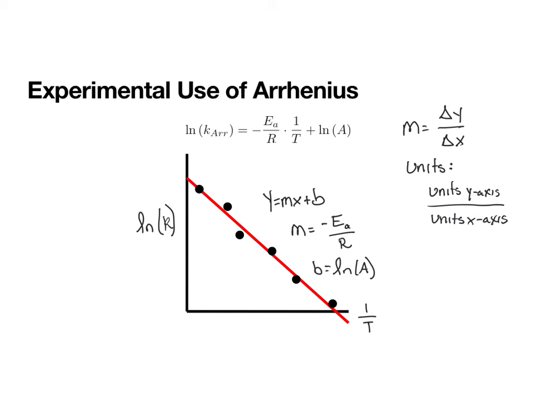And so in this case, for this graph, my slope is going to have units of Kelvin, because the natural log of k is going to be unitless, and 1 over T is going to have units of 1 over Kelvin.